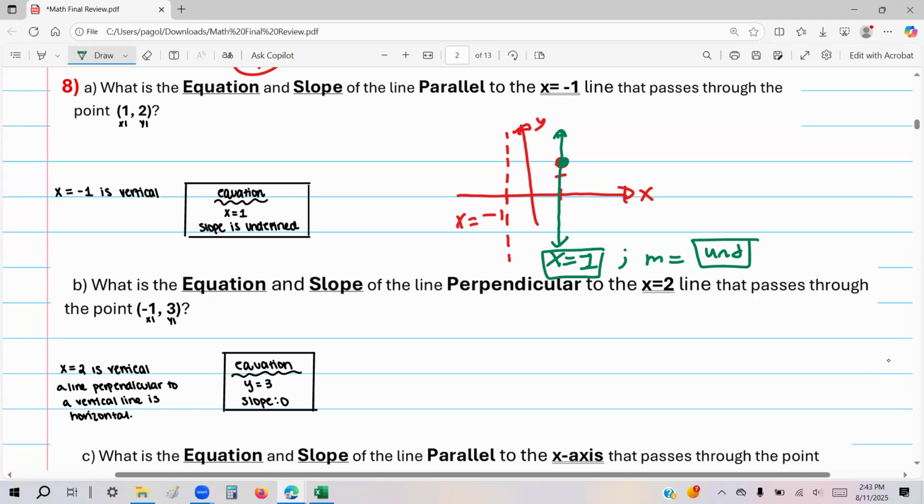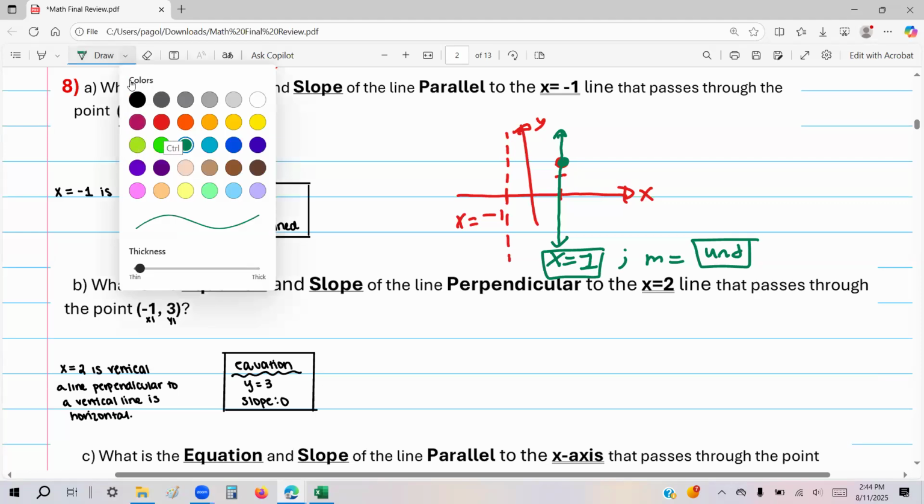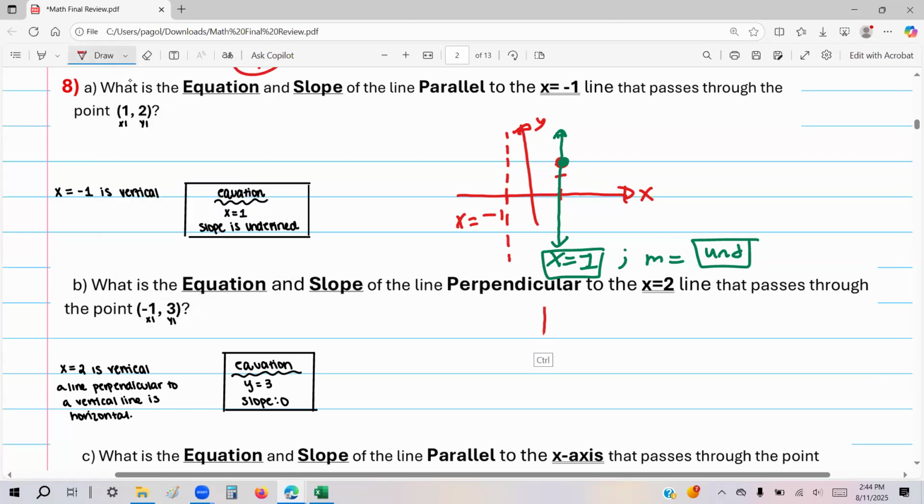The next one is very similar, but this time we are finding the perpendicular line. So we have the x-axis, y-axis, and this time they give us the line x equals 2. So 1, 2. This is the line given. And the point is (-1, 3).